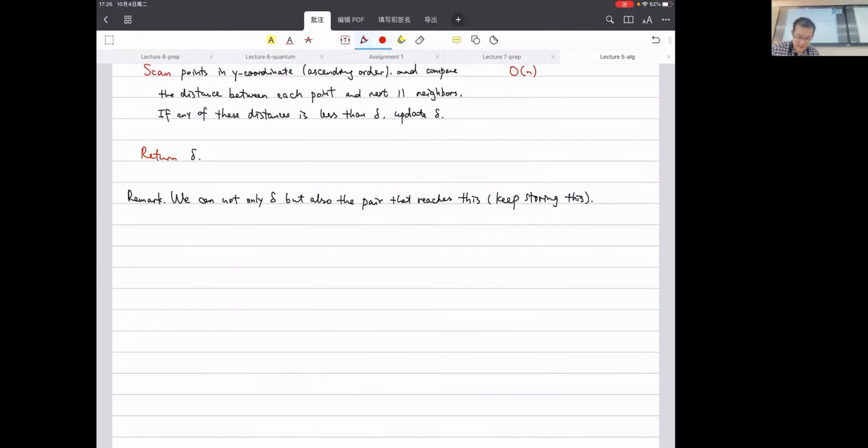And what is inside this divide and conquer? The cost is still T(n) = 2T(n/2) + O(n). So is this clear to you?